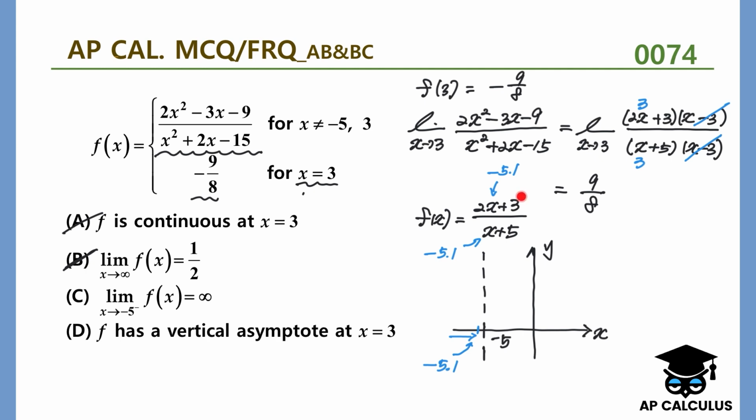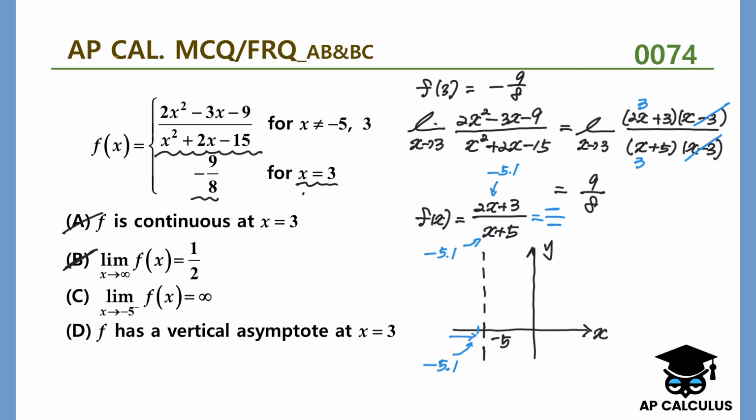Numerator first. The numerator is negative. 2 times negative 5, that's about negative 10. Negative 10 plus 7, that's negative. So this is negative here. What about the denominator? Negative 5.1 plus 5, that's negative.